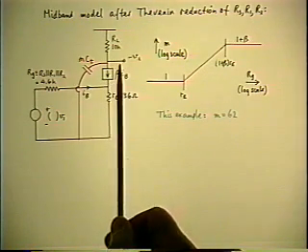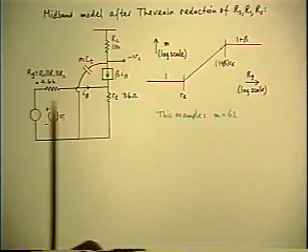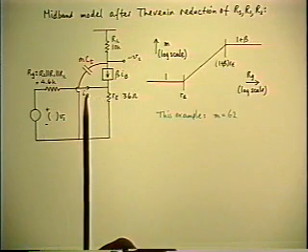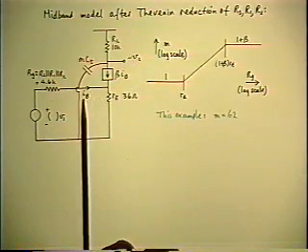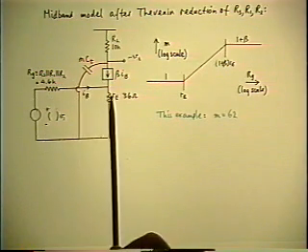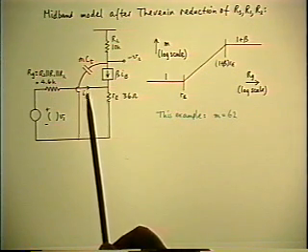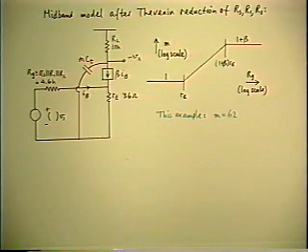I get the right answer for the bandwidth of the gain, but I wouldn't get the right answer for the input impedance. Because in this model, the input impedance would be resistive, whereas when that capacitor is in its proper place, it isn't resistive. It's complex.